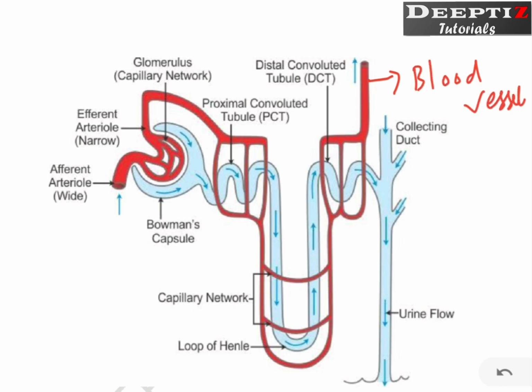Whatever you can see along with these arrows, these all structures are actually the part of nephron. So indirectly you can say that this structure nephron is surrounded by a set of blood vessels, which means this structure is richly supplied with blood, right?